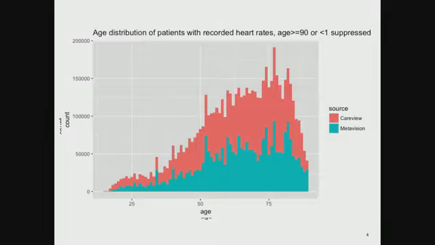We look at people from age greater than 1 up to age 90, and I'll say a word about that in a minute. I look at those two distributions, and they look pretty similar. That means the number of patients of different ages in the adult group is similar in the two data sets.